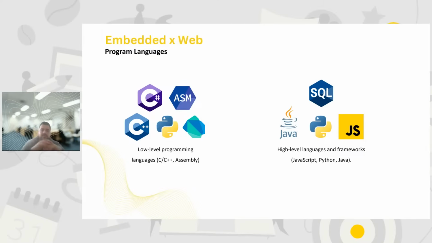On the other hand, in web and mobile, we use other high-level languages like JavaScript, Python, Java, SQL, and others. But there is some similarity between the different languages, and some of them are common. Imagine C Sharp, it's used also in embedded and also in some web and mobile projects. So here we can understand how they differ and how similar they are in terms of languages.